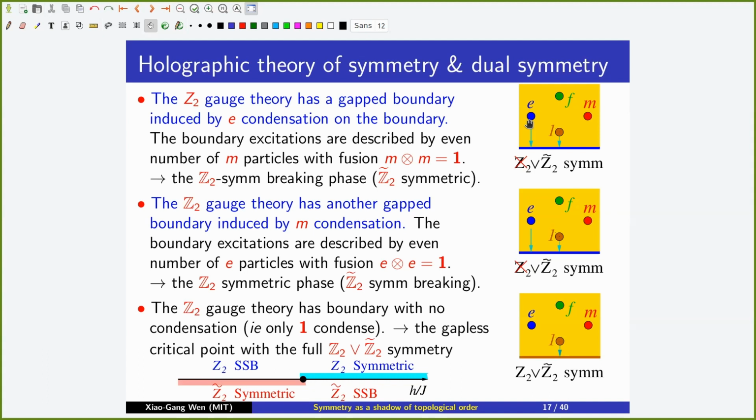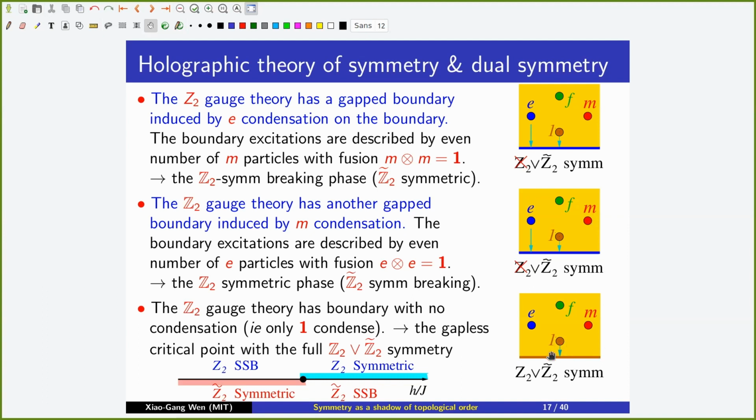Eventually at some critical point, both E and M do not condense. Go beyond that, E does not condense and M really condenses. So you can see there's this transition point. The continuous transition is really the point where E and M compete and kill each other. They both do not condense.